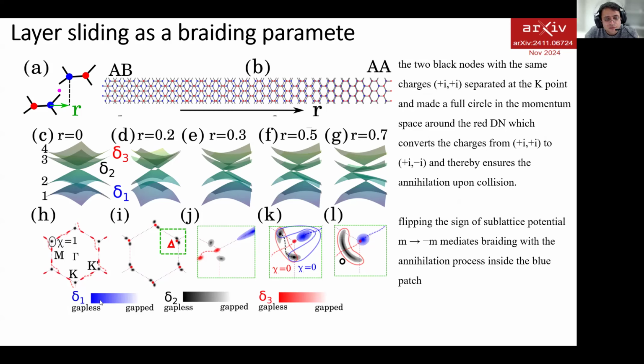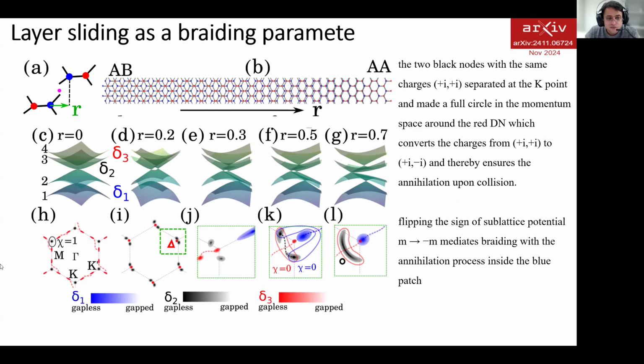We color each node in each gap by some color: blue for lower bands, black for middle bands, and red for upper bands. At the beginning we have a quadratic band touching at the K point, and if we calculate the Euler charge, it is just 1. This means that it can decompose into two Dirac cones with the same vorticity.